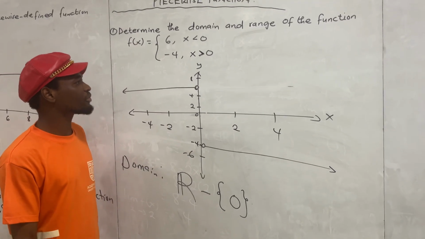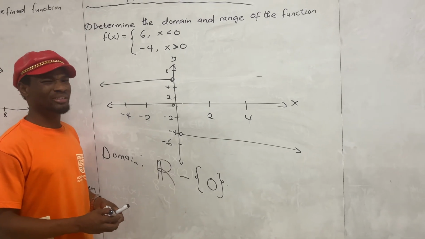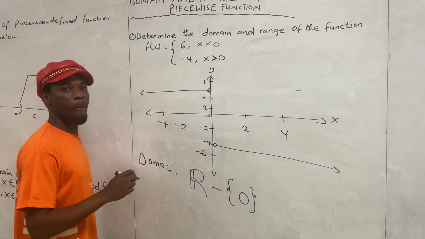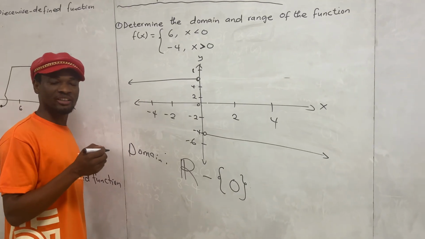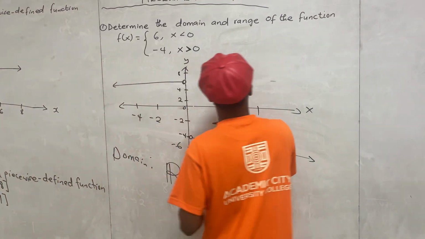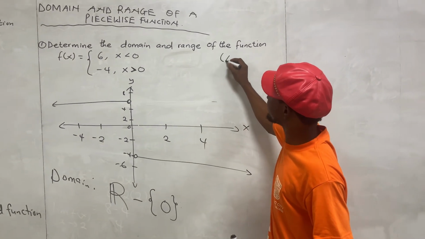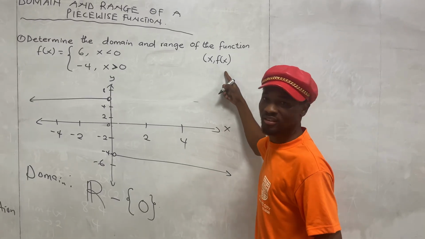Now let's account for the range, which is very, very simple, okay? So you know that if you want to write coordinates, the coordinate of a point is given by x, comma, f of x.